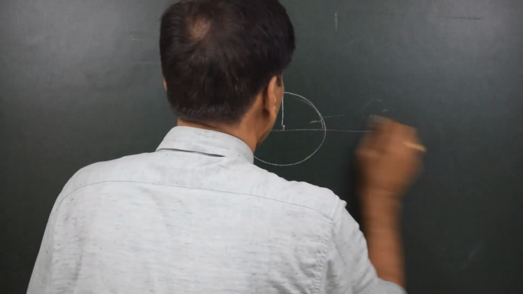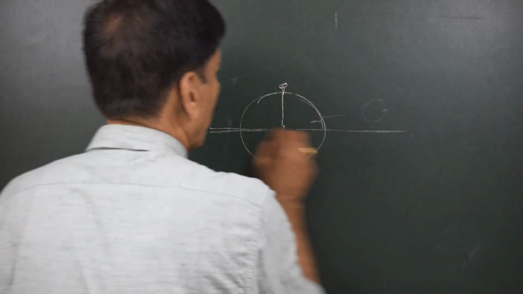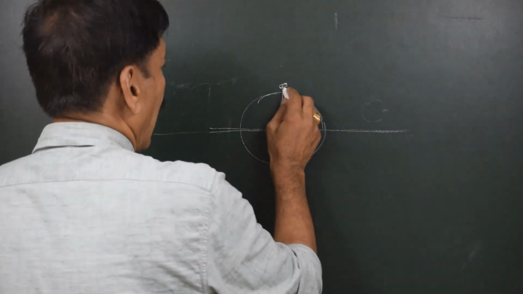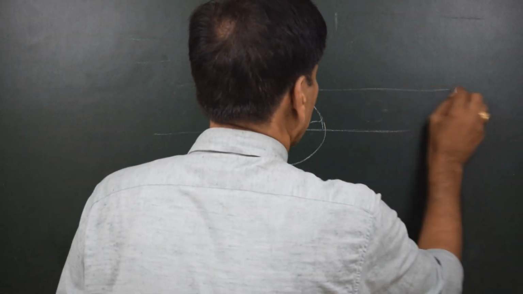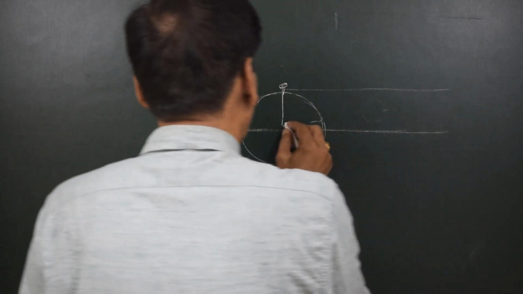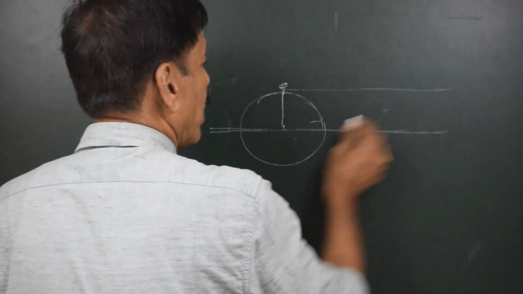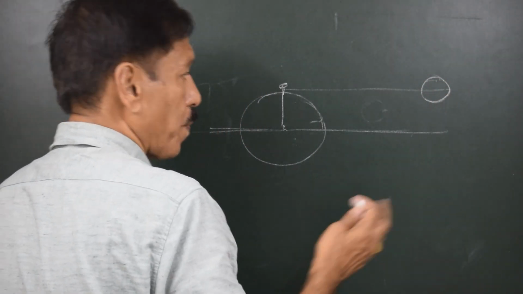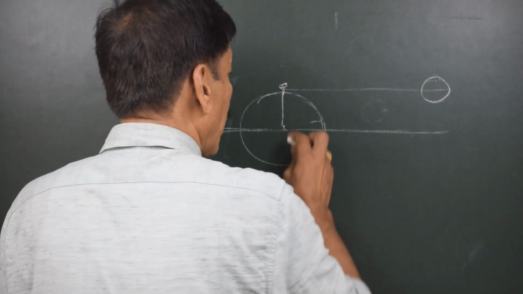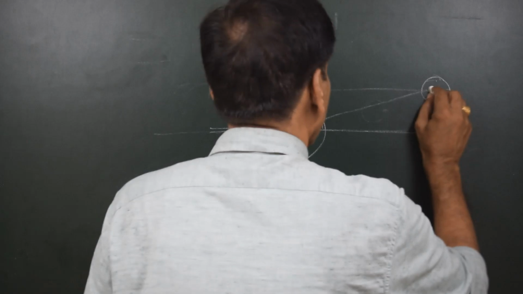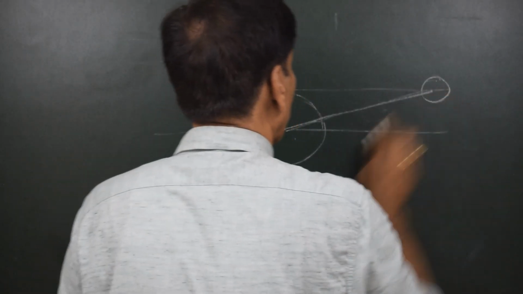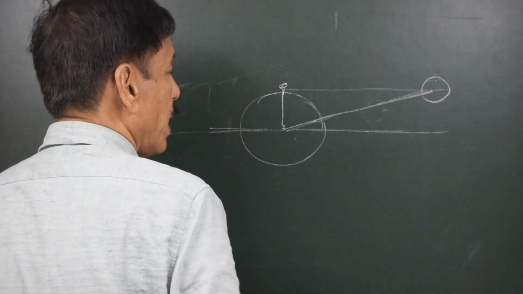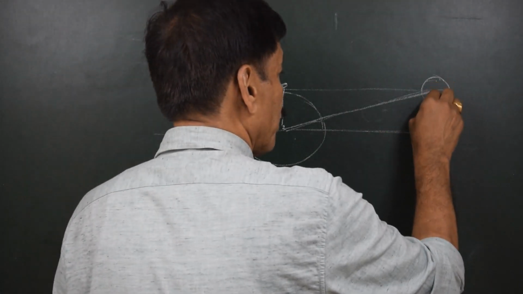Let us say this is the observer and this is the plane of the observer's rational horizon, and this is the sensible horizon. Let's consider the moon at the sensible horizon. Now this distance, from the center of earth to the moon, decides the semi-diameter of the moon.